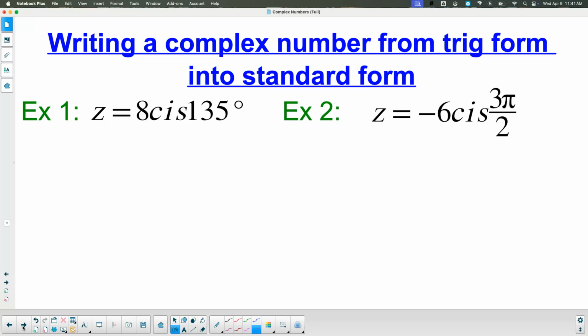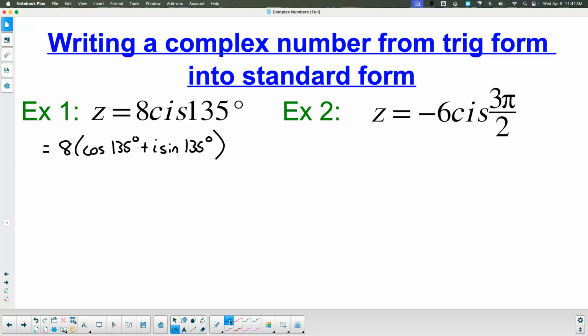Okay, so this is really 8 cosine of 135 degrees plus i times the sine of 135 degrees. Agree with me on that? Just writing it out in full-fledged form instead of the shortened form?